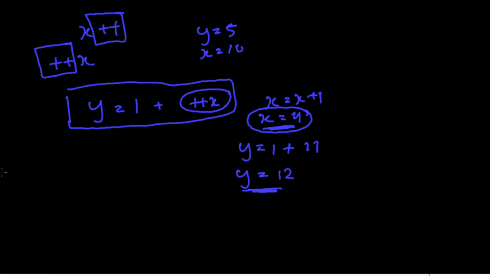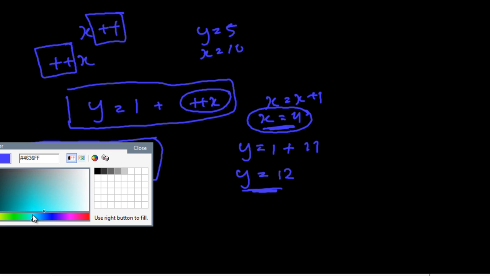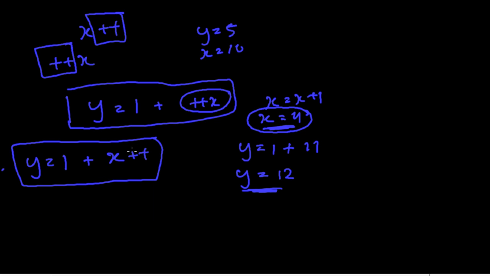Now let's look at the other possibility, which is y equals 1 plus x plus plus. Yeah, I'll switch to a different color. Now what this means is that first I'm going to do the math of the whole thing, as opposed to actually just taking one bit out and calculating it first.